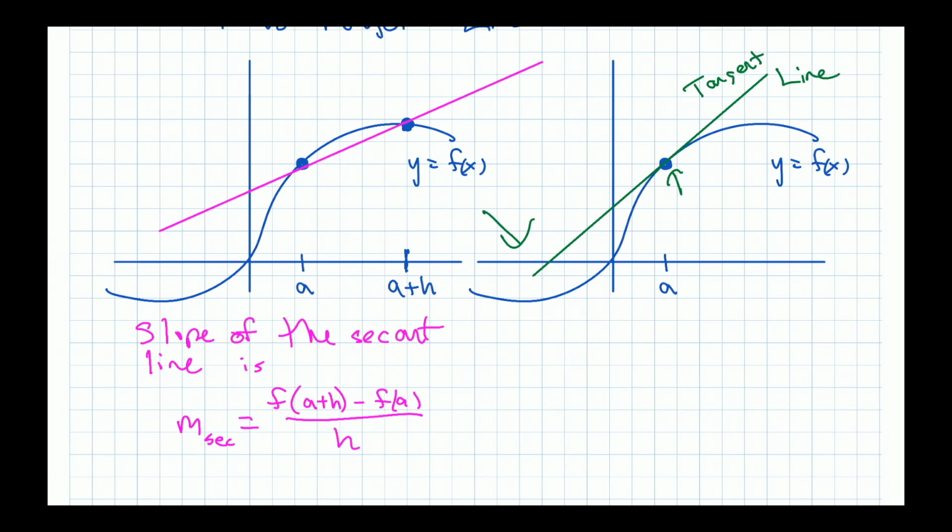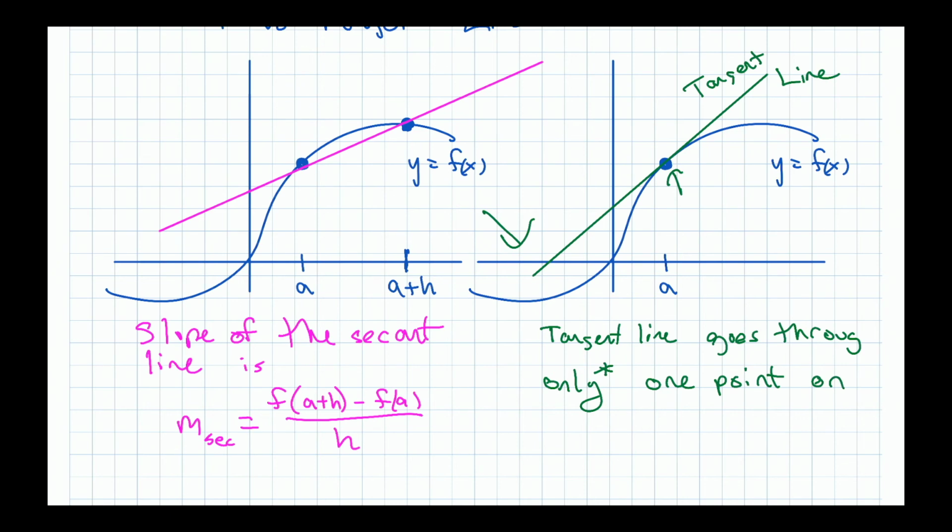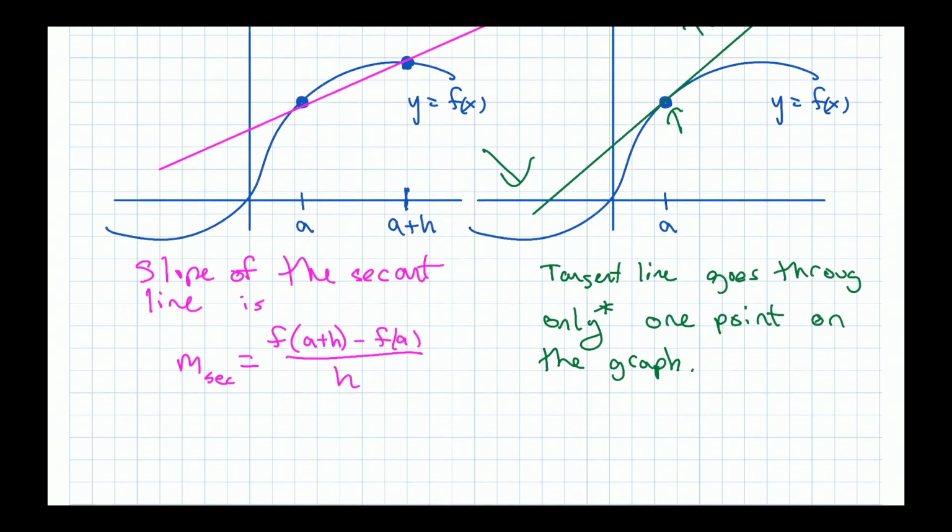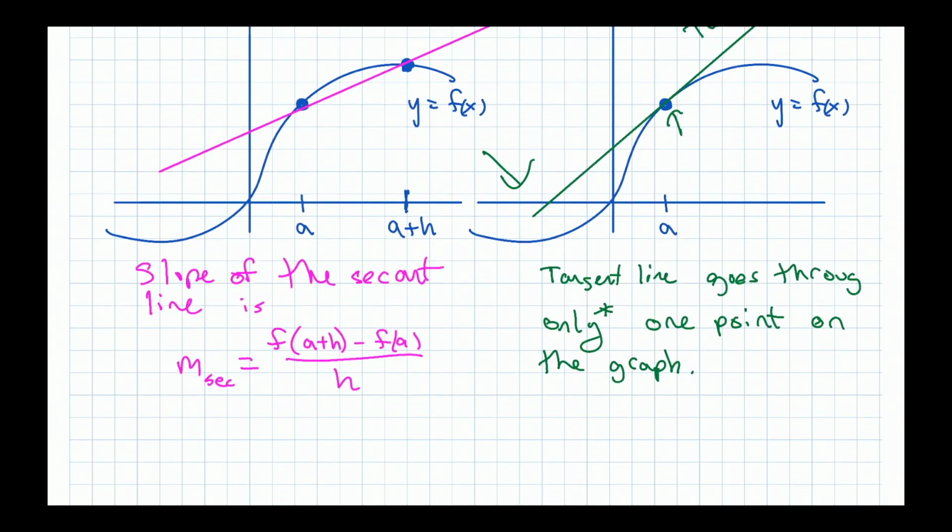Now you might say, well, how are we going to get that line? So the tangent line goes through only 1 point, only with an asterisk, 1 point on the graph. And hopefully what you can see there is that the slope of the tangent line basically matches the slope of the curve right there.